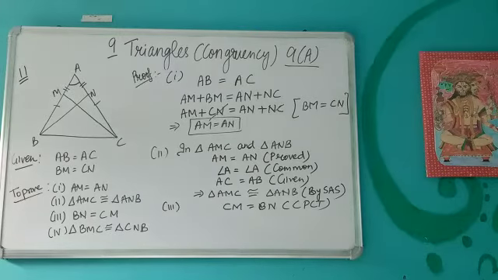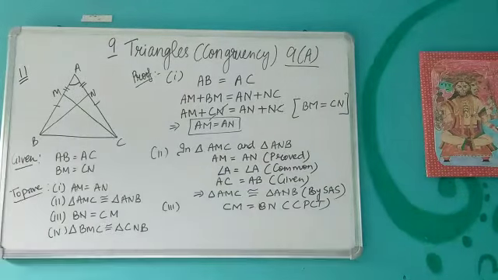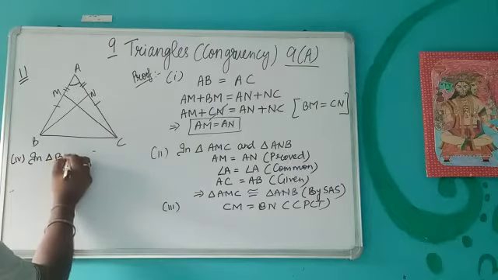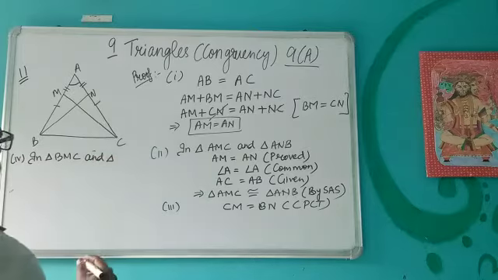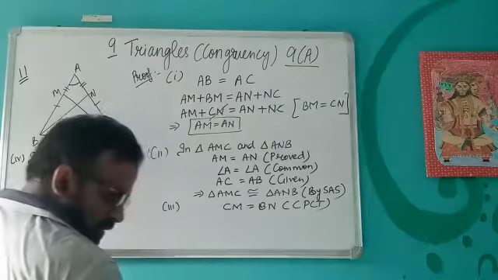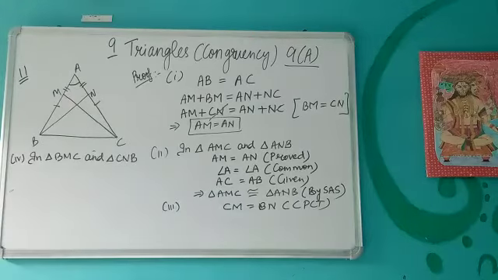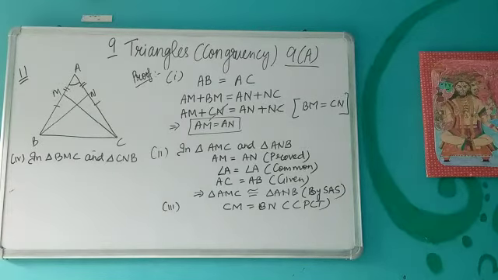Now for the fourth part, that is the last part. So let's see. In triangle BMC and triangle CNB.